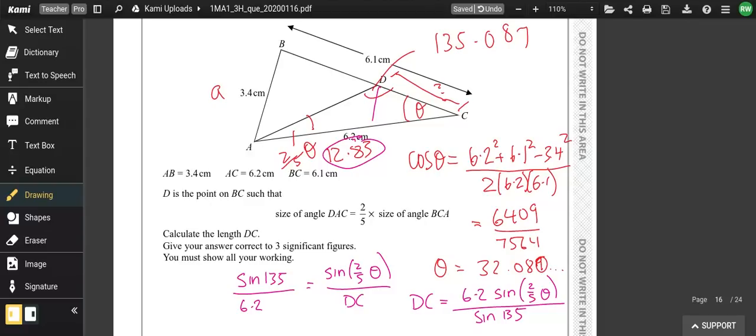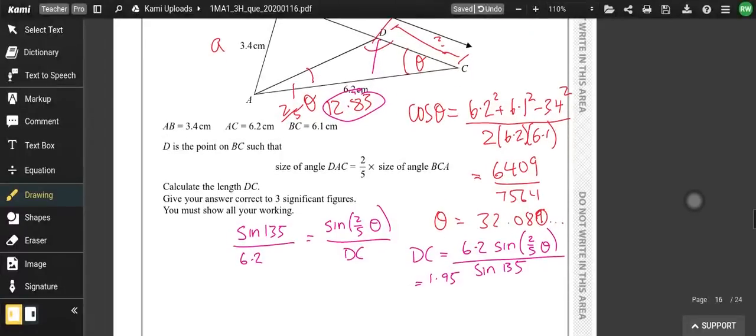So 6.2 times sine 0.4 times that, and then we're going to divide by sine of our answer there. That's given us 1.95 centimeters to 3 significant figures. So hopefully that's right. I think that works.